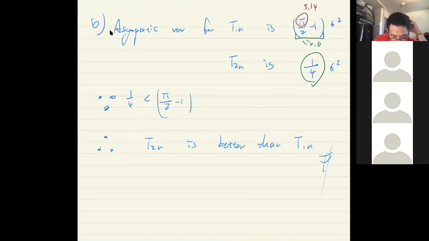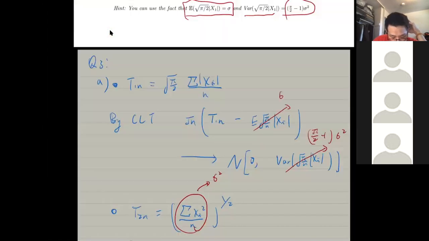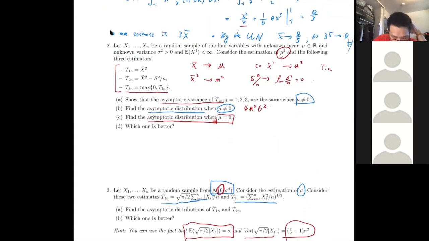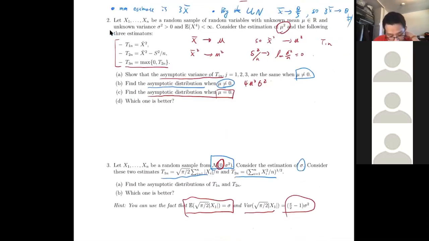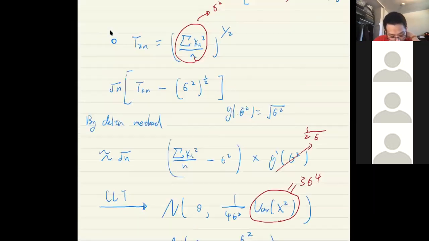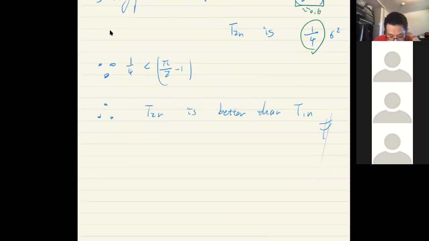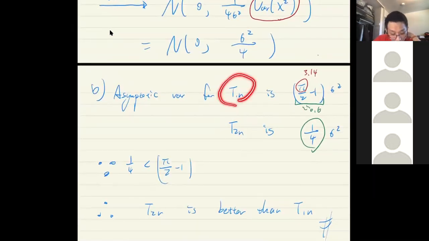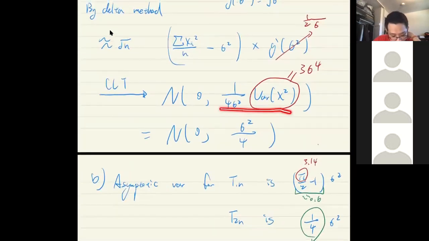You can see this one is much easier compared to the method in question 2 for mu not equal to 0. That is because for question 3, these two estimators are totally unbiased. The only difference is the variance.